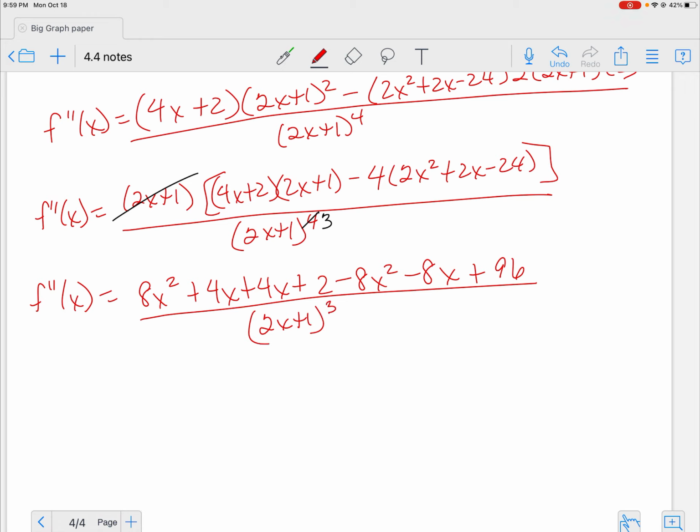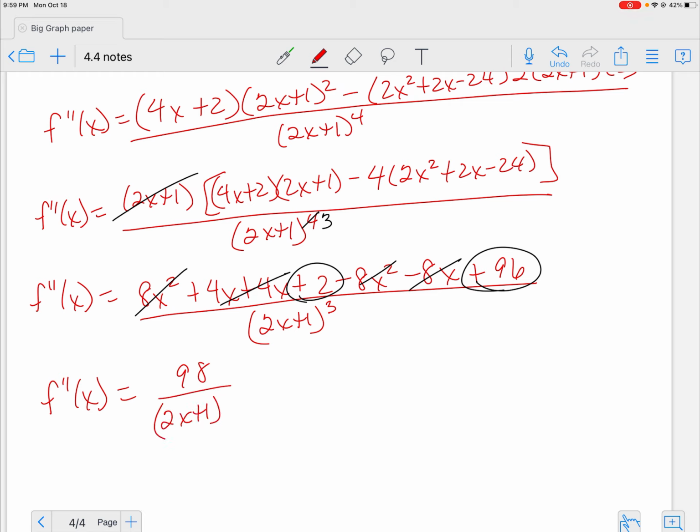I think that's right. Okay, now let's cancel out what we've got. There's a positive 8x squared and negative 8x squared. Ooh, plus 8x minus 8x. Oh, that's sweet. The only thing we're adding is 2 and 96. Wow, that worked out, didn't it? So my second derivative is 98 over 2x plus 1 cubed.